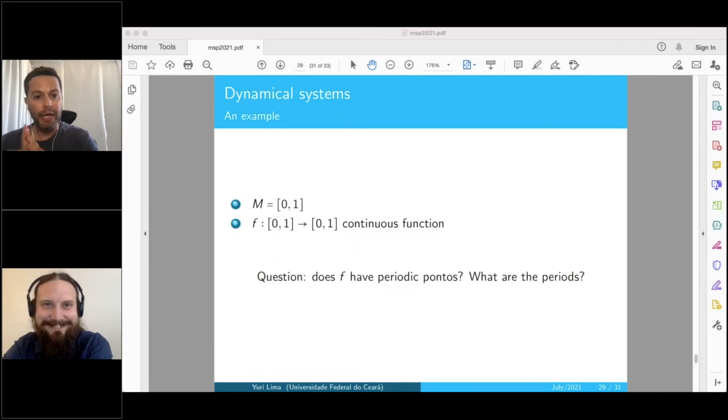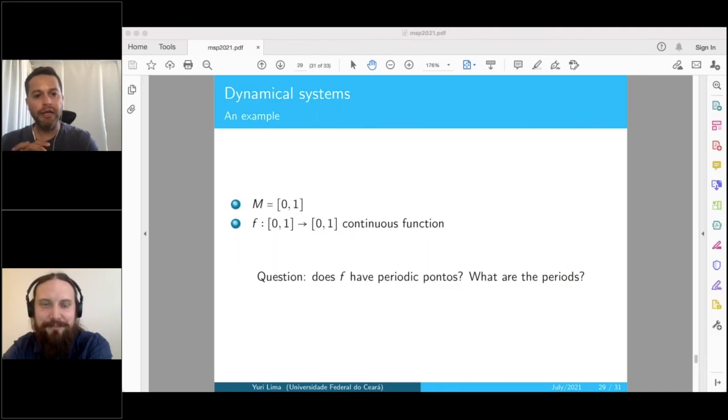If you need a periodic point, then you need an interval that after n iterates is contained inside itself. In order to find such intervals, this is where the assumption of the point of period 3 comes up.